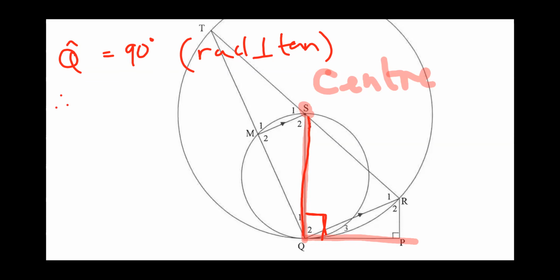But SQP, we must be specific there, is equal to 90 degrees, radius perpendicular to tangent. And then we say, therefore, SQ is a diameter of the smaller circle.